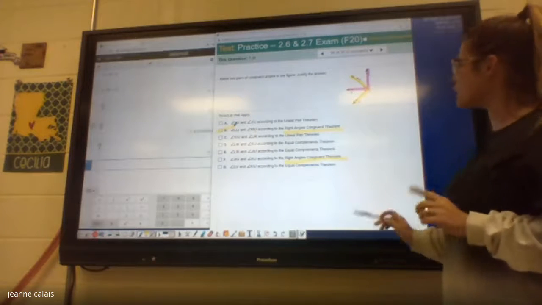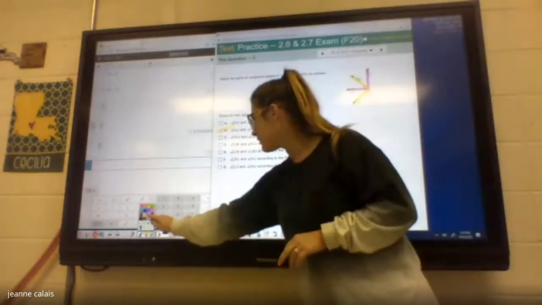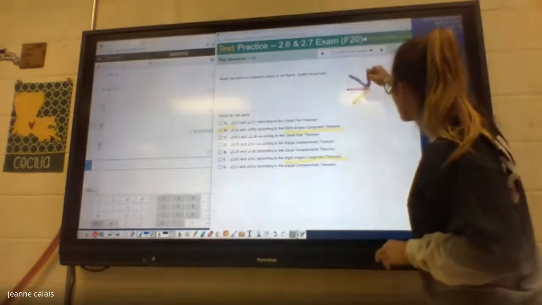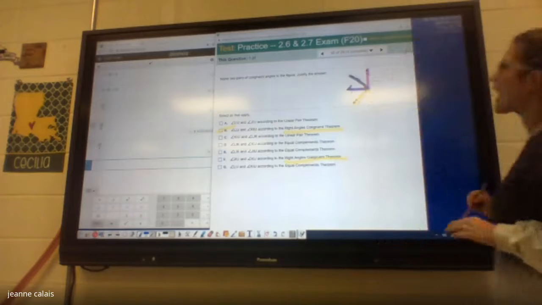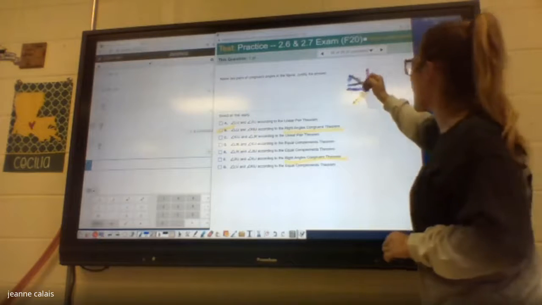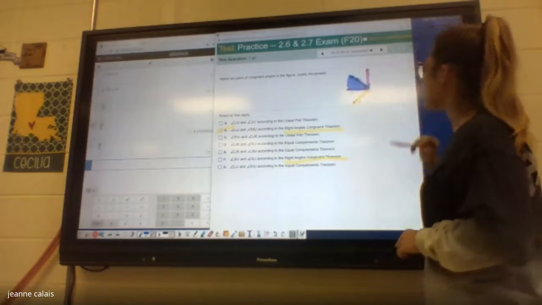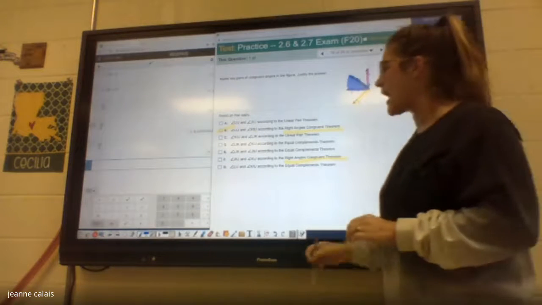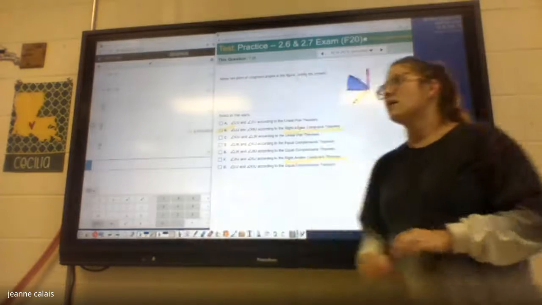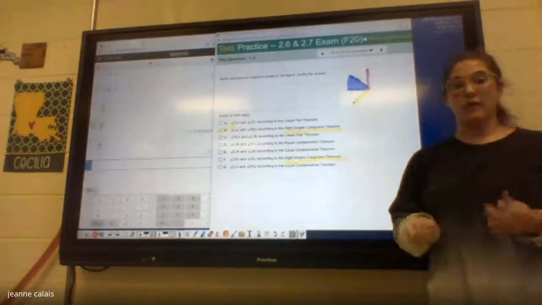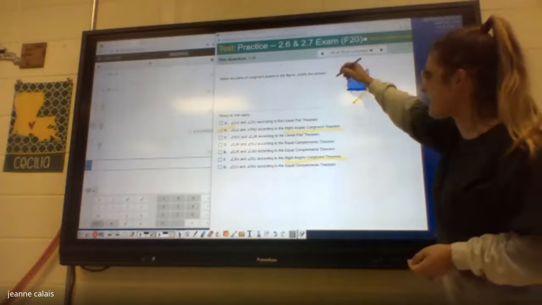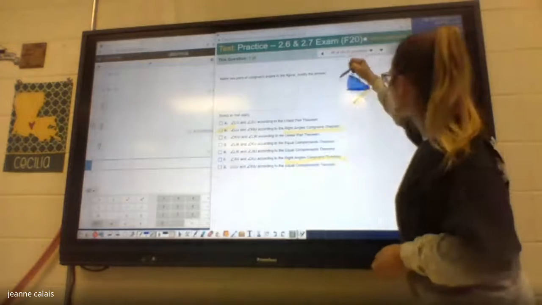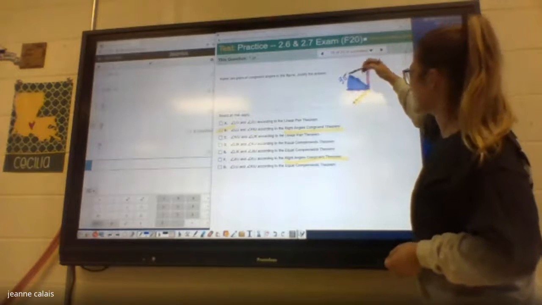Now, notice this angle here is overlapping both right angles. And we know that angles that add up to 90 are complementary, right? So let's just say that this angle's 30. What's in blue?